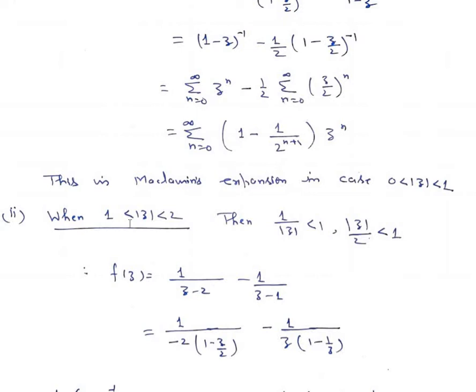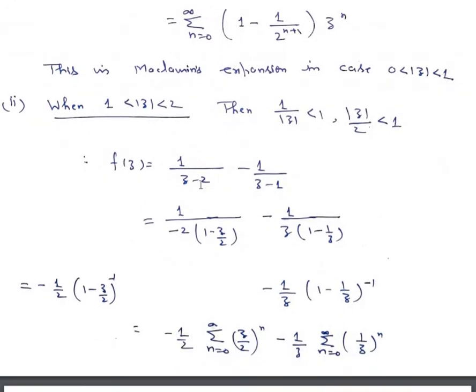Now when 1 < |z|, that means 1/|z| is less than 1, and similarly |z| < 2, that means |z/2| is less than 1. Because when we expand by binomial theorem for any index, in that case |x| should be less than 1. So we adjust the terms such that the modulus of this quantity is less than 1.